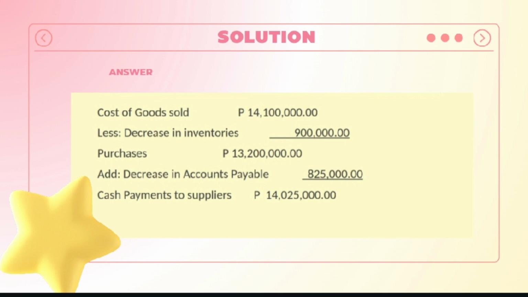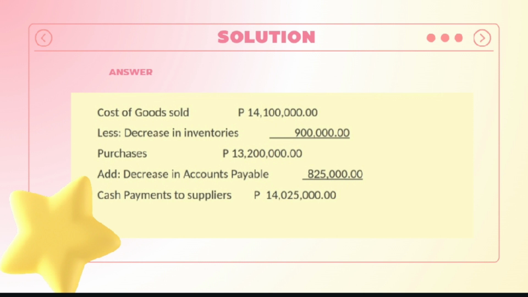Number 4, consider changes in accounts payable. If there's a decrease in accounts payable, it means the company paid off some of its outstanding payables. Add the decrease. The decrease in accounts payable is 825,000. Number 5, calculate cash payments to suppliers. Add the purchases and the decrease in accounts payable.